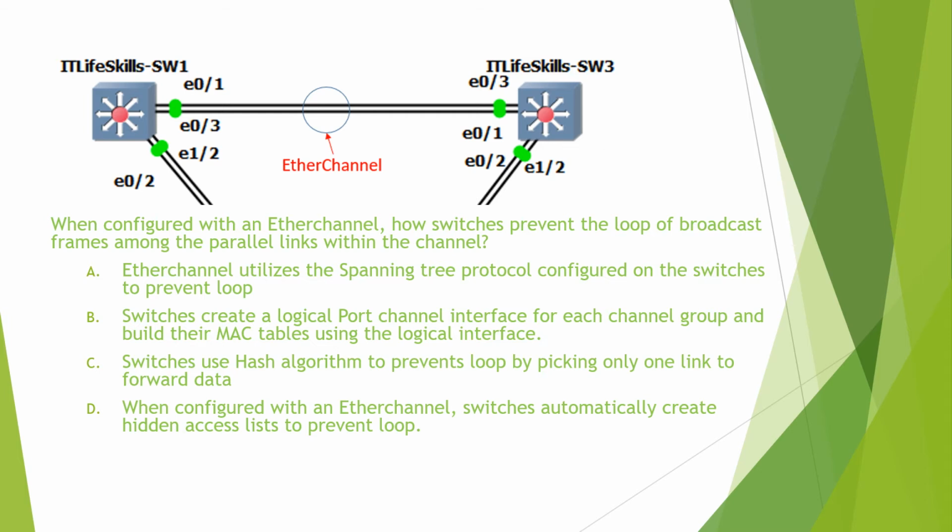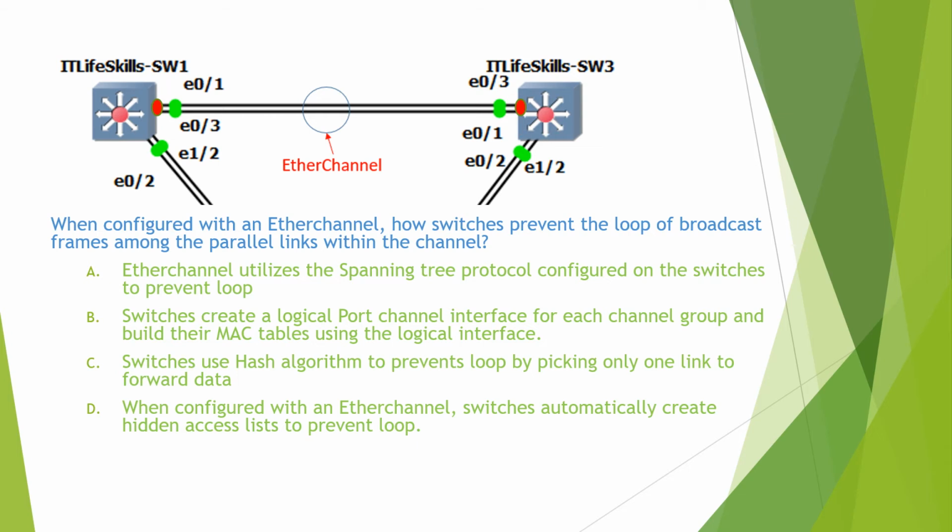The question reads, when configured with an EtherChannel, how do switches prevent the loop of broadcast frames among the parallel links within the channel? As you may remember, when a switch is configured with an EtherChannel, it will create a logical port channel interface, and the switch will build its MAC address table using that logical interface.